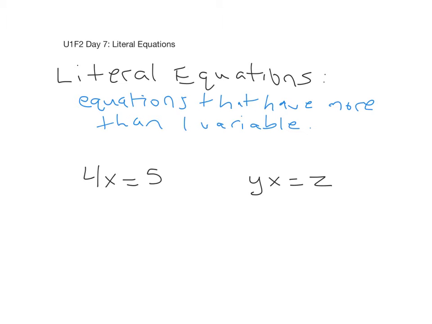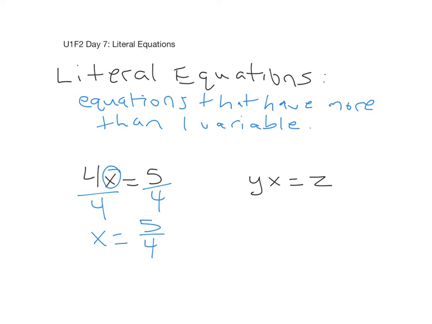We have two equations here. The first one is a simple one variable equation, but I'm going to use it to help us solve the second equation. To solve our first equation for x, I need to divide both sides by 4. So x equals 5/4.